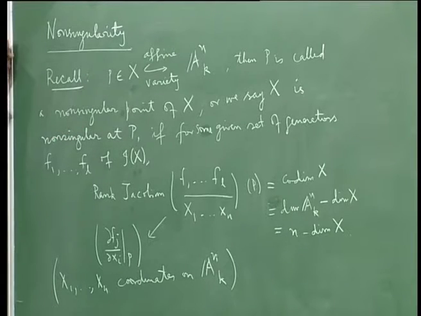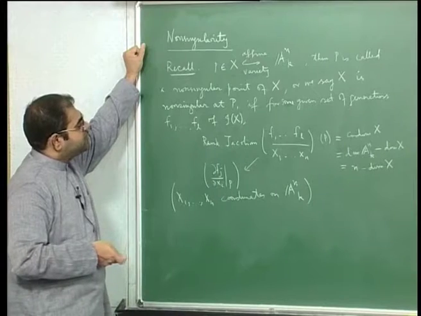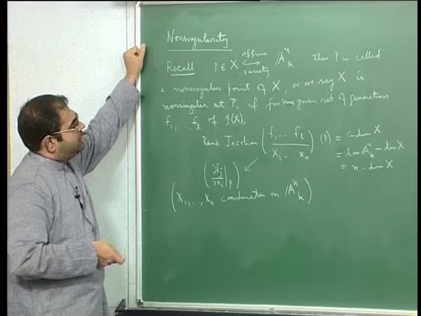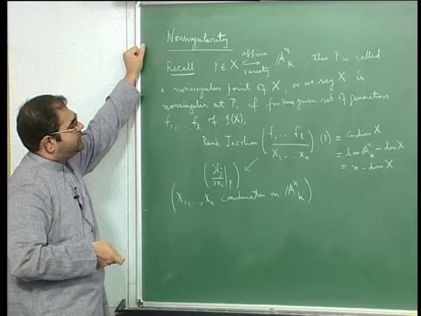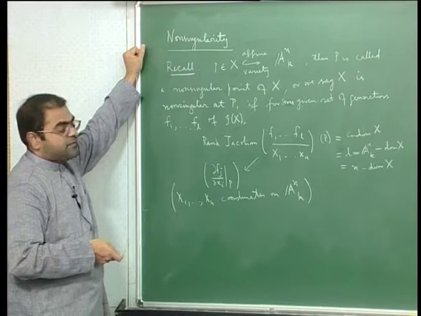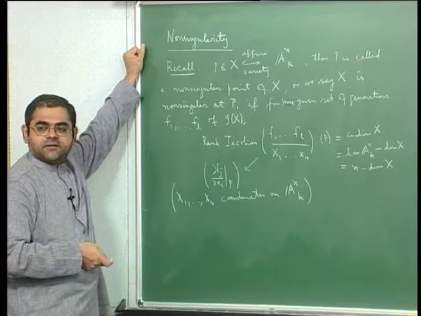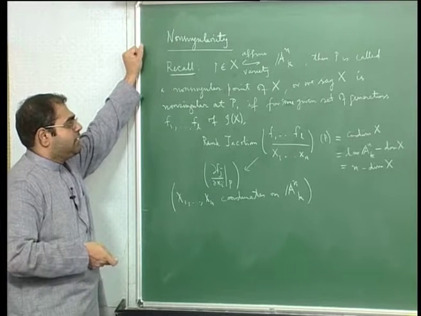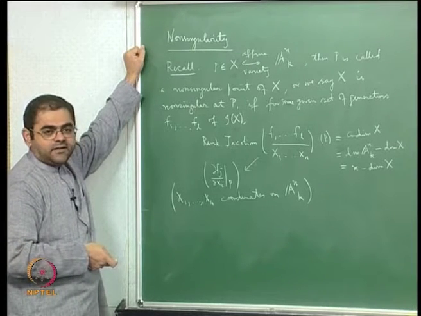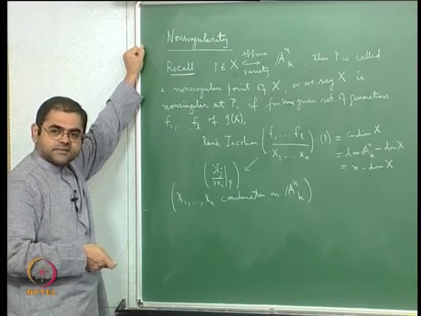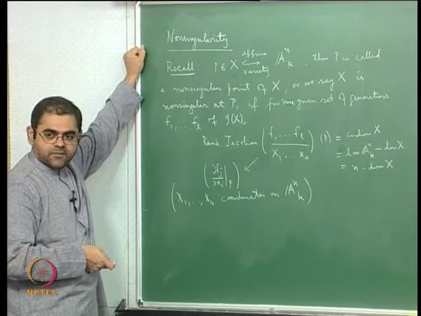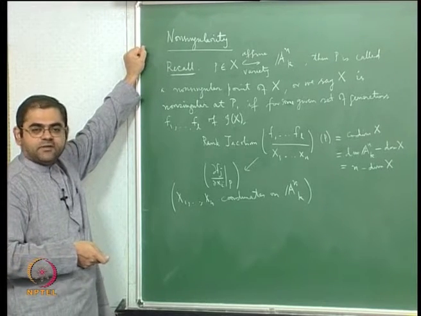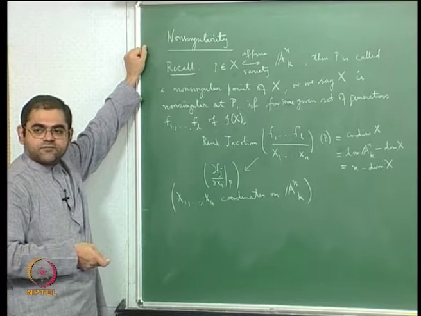This can be used to generalize to say when a point on any variety is a non-singular point. Given any point on any variety, it always lies in an open set which is an affine variety, because any variety is covered by a finite union of open subsets which are isomorphic to affine varieties.